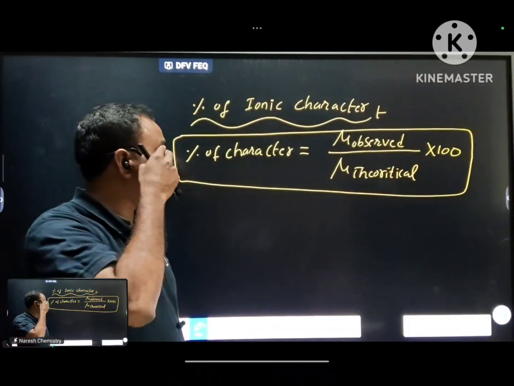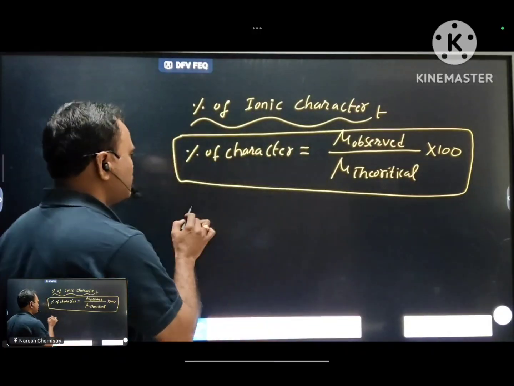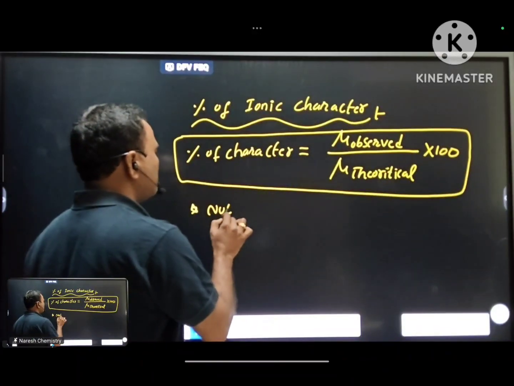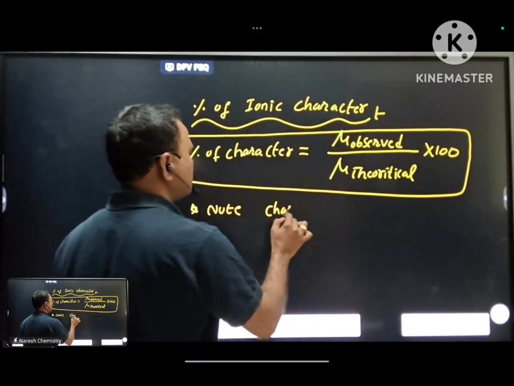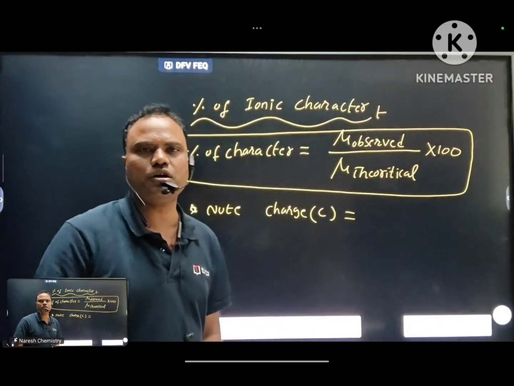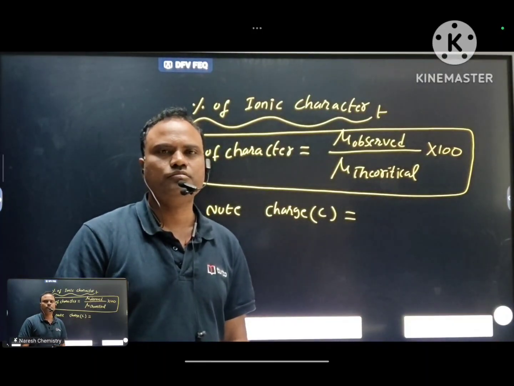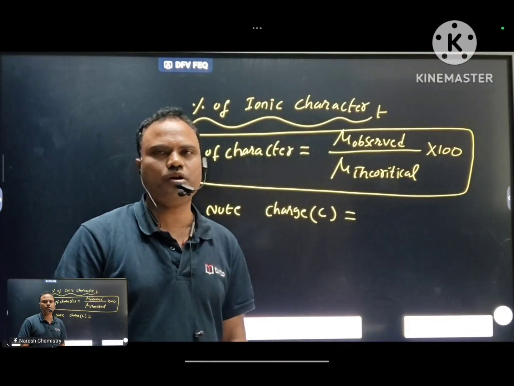During the calculation of percentage of ionic character, we take the charge of the electron. So you write the value of charge. In atomic structure, what is the charge on the electron? Negative particle electron, positive particle proton.